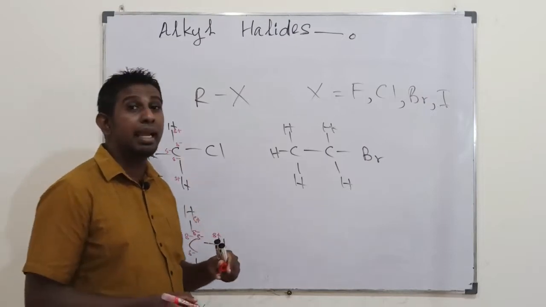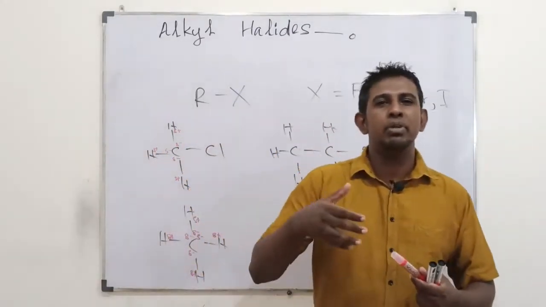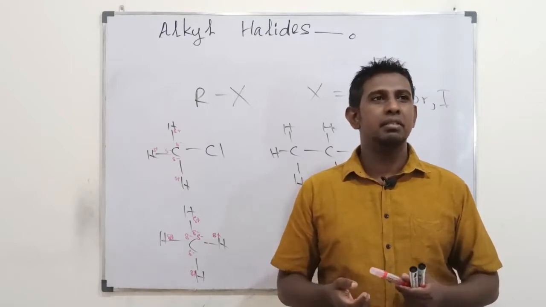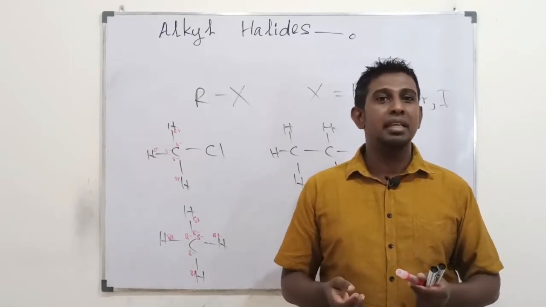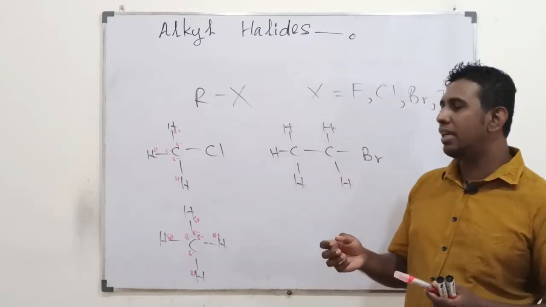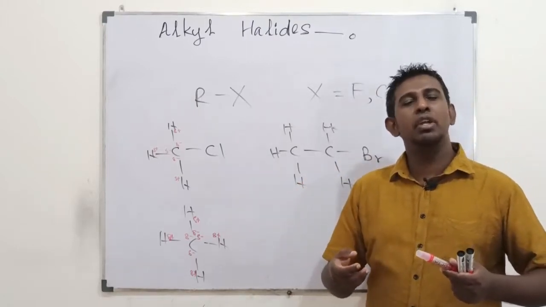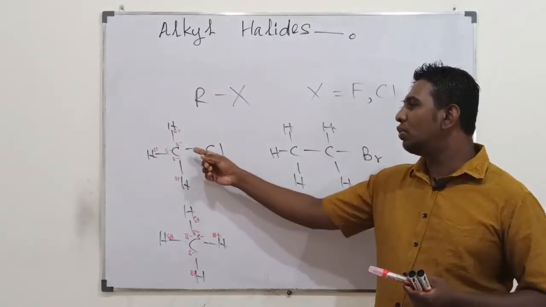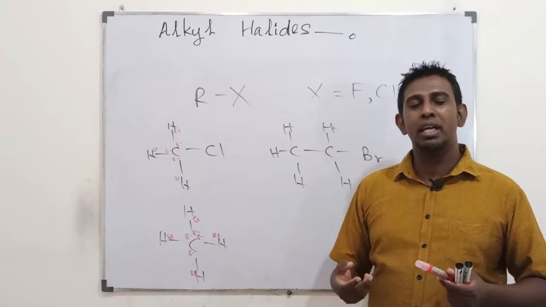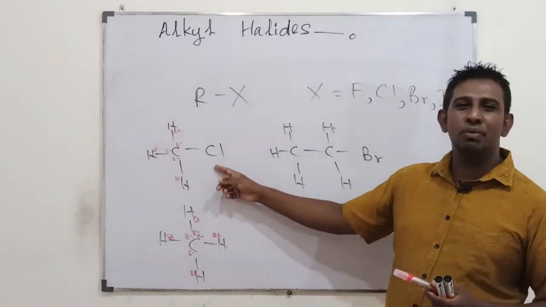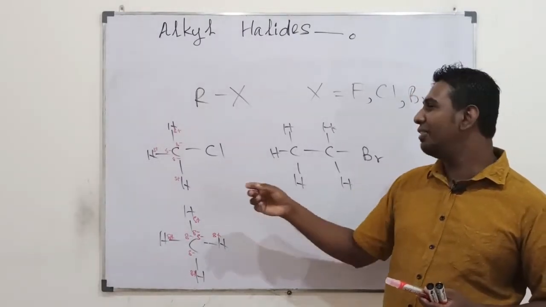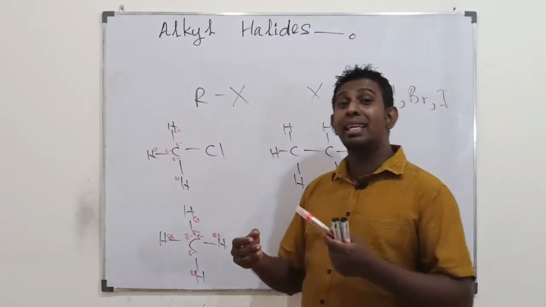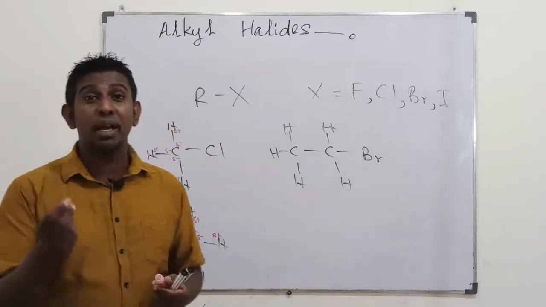Though it's the same element, it varies from compound to compound based on valency, hybridization, the charge it carries, and such things. But generally we call it 2.5, the value given for carbon. Then it is 3.0, the value given for chlorine. So there also you have an electronegativity difference of 0.5.